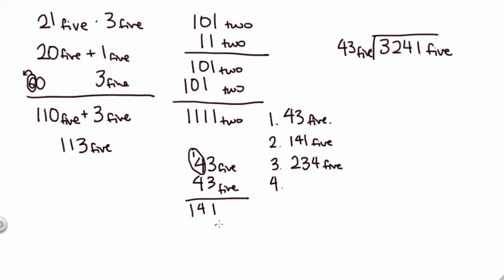Okay, so if I add another 43 here, right, I'll get 234 in base 5. And then repeat that process again, I get 332 in base 5. And the reason why I do this is just so I don't have to multiply and check as I go. I can just use the values that I have.